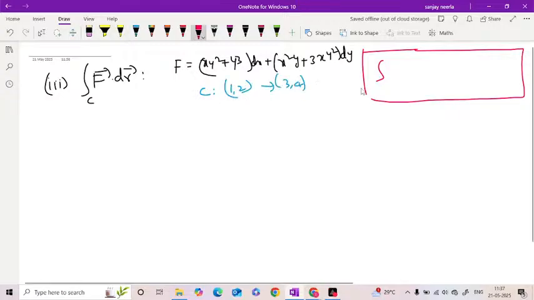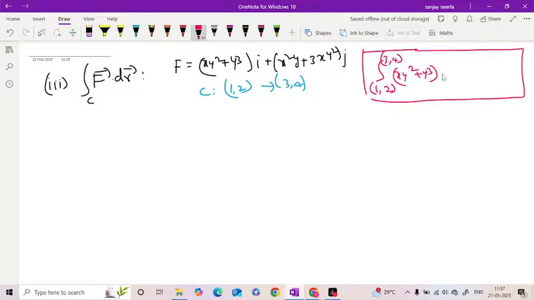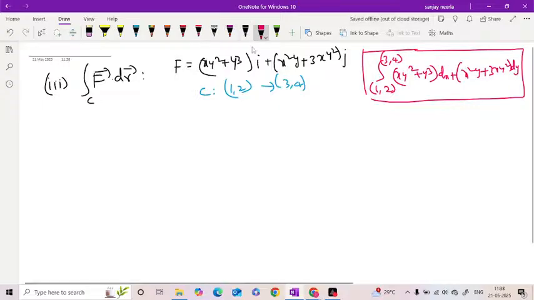That means the same question they will ask like this, integral from 1 2 to 3 4 of xy square plus y cube into dx plus x square y plus 3xy square into dy, sorry, it is i and j. Okay, so they will give the question like this.